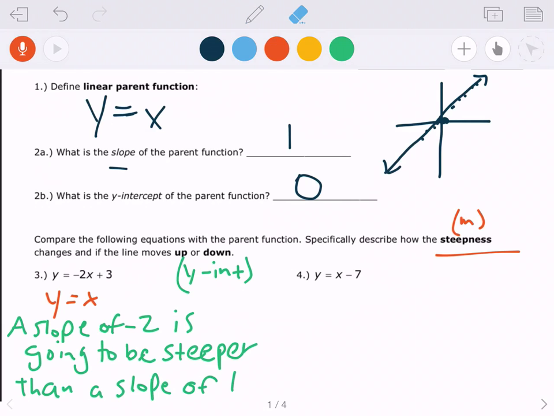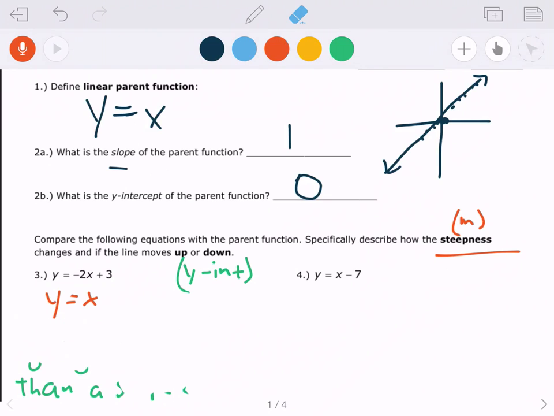And then a y-intercept of 3. I'm going to erase this so I have a little bit of room. A y-intercept of +3. If you think about this line, y equals -2x plus 3, compared to my parent function, which has a y-intercept of 0.